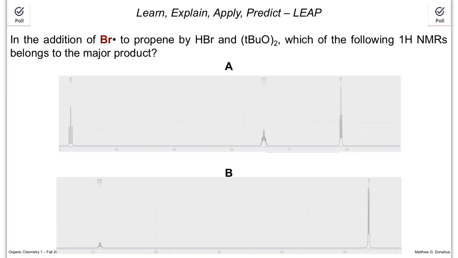So of the two proton NMRs shown, which one corresponds to the major product? I think I could read some lips. A is the correct response. So what are we looking for?